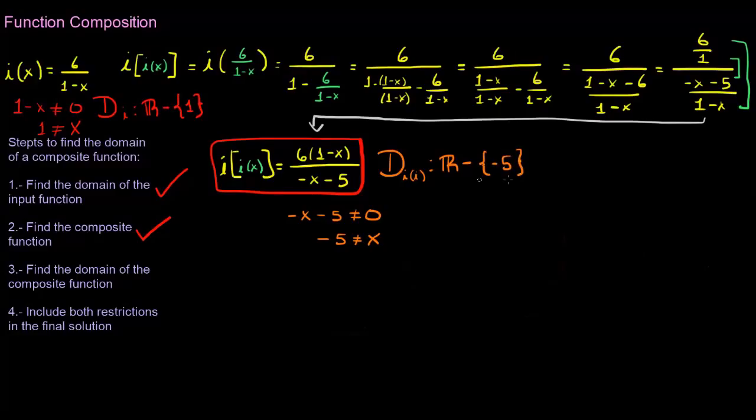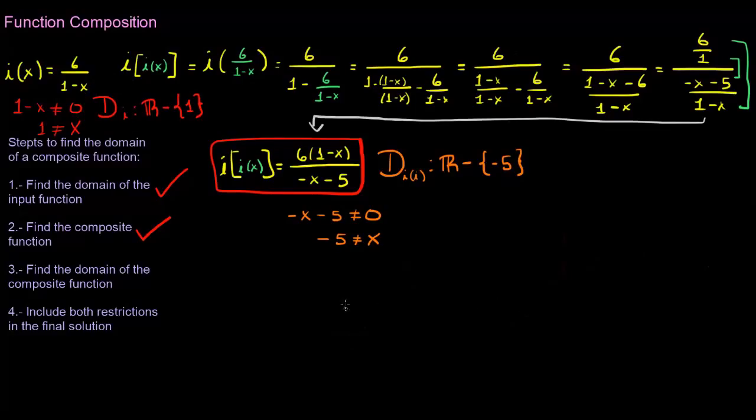But this restriction, this domain, only concerns this expression here. So this is not actually the final solution, because in the final solution we have to include the restriction from the function we were inputting here, which is this I of x, and it's the one we found earlier.